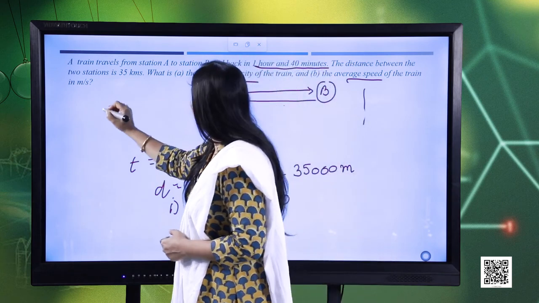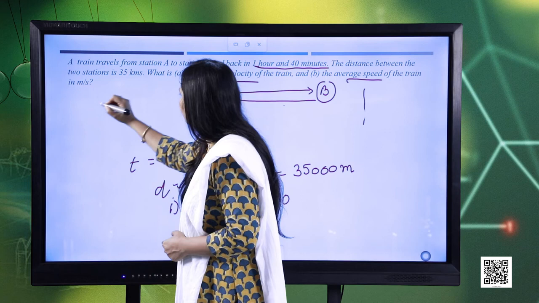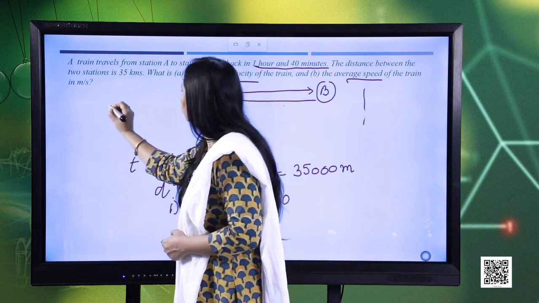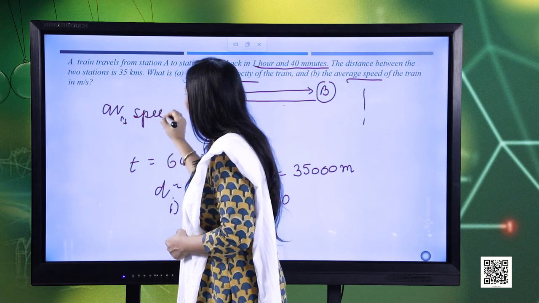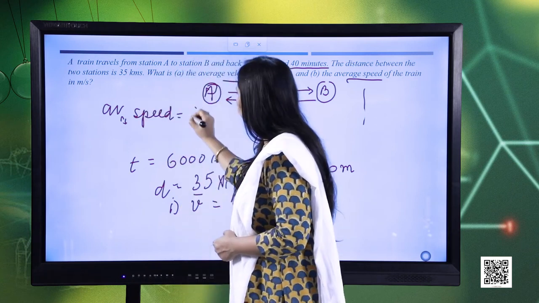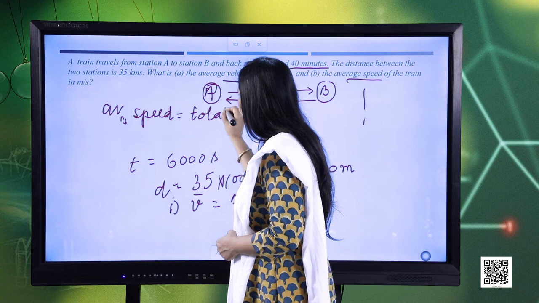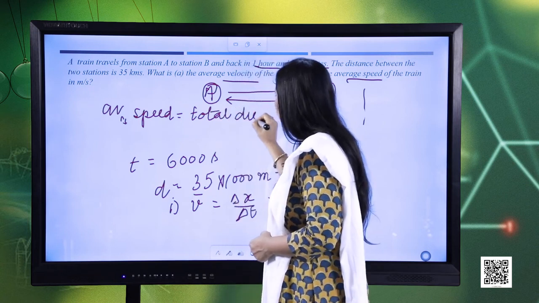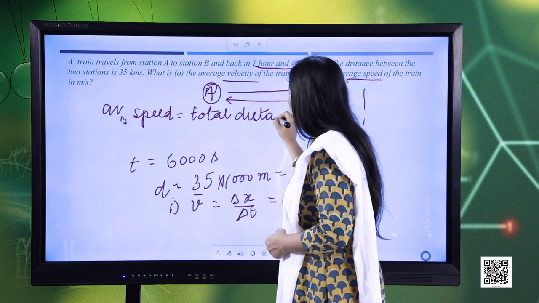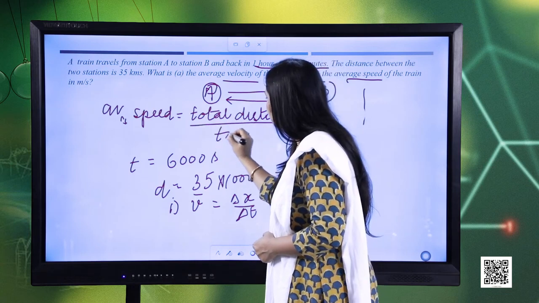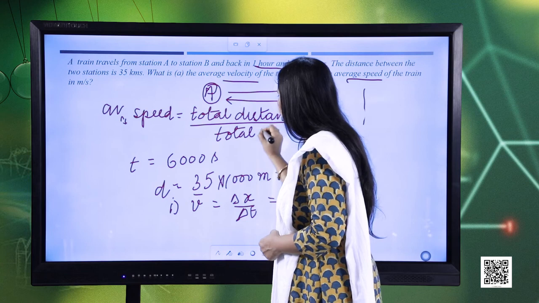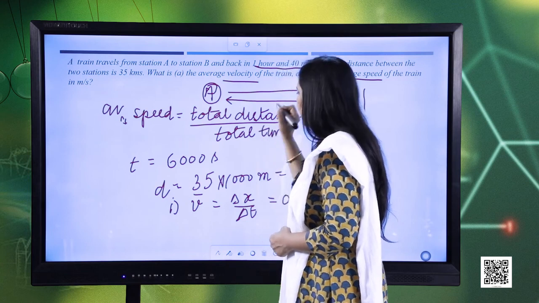So now the average speed will be equal to total distance upon total time. Total distance, that is the total length of the path, upon total time taken. This is how we will get the average speed.